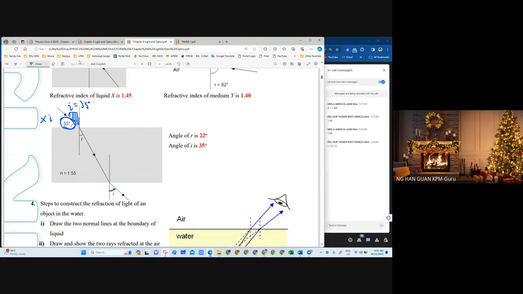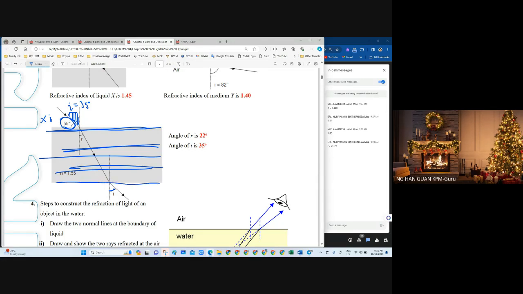Just remember, as long as there are parallel borderlines, no matter how many different mediums are in between, as long as it comes out to the same medium with a borderline parallel to the one before, these two angles must be equal.